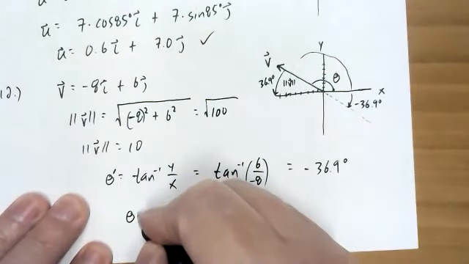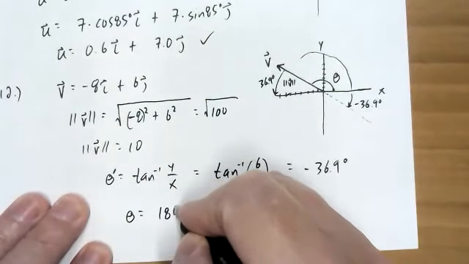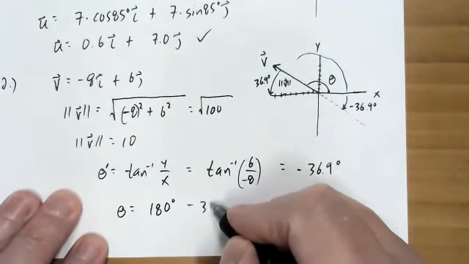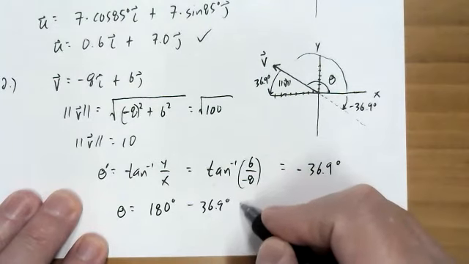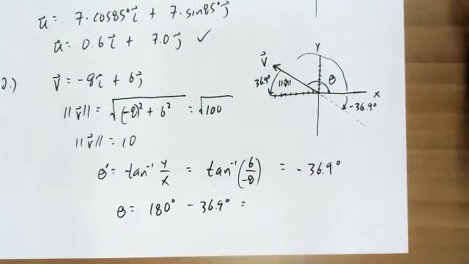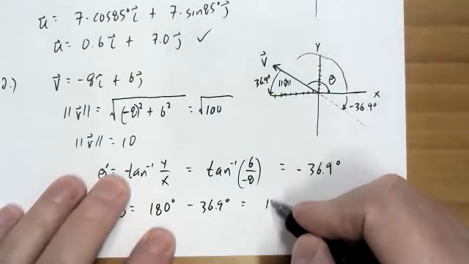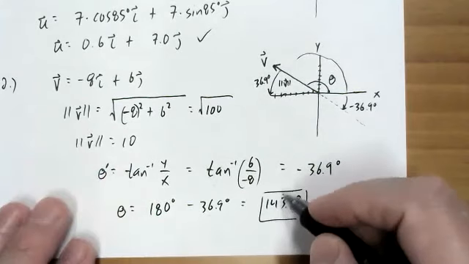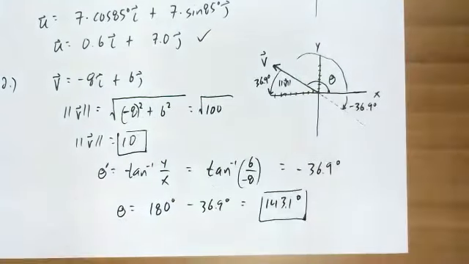The theta I'm looking for, I realize I can take 180 minus 36.9 degrees. So then 180 minus 36.9, 143.1 degrees. So there's your angle, and there's your magnitude.